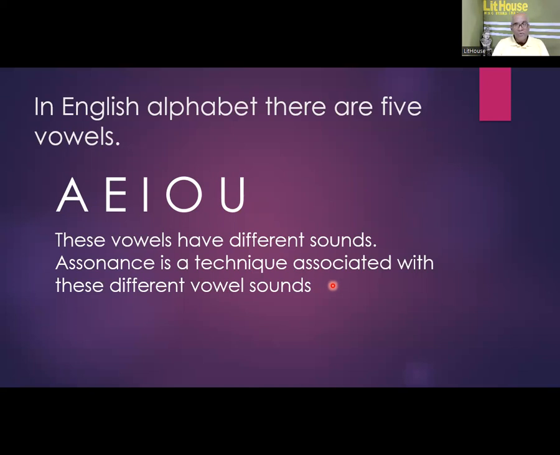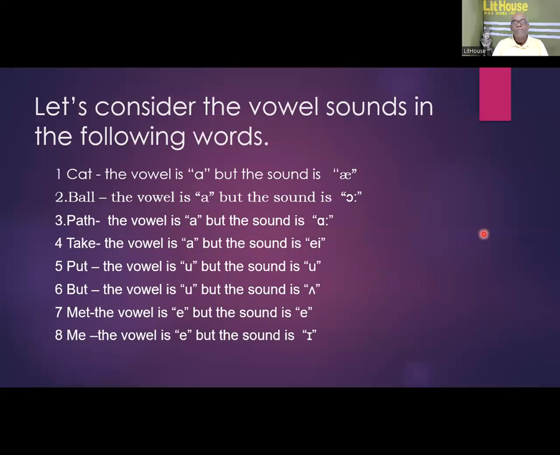Now, you must be familiar with the sounds produced by each of these vowels. When you write a word, when you read a word, you produce these sounds. Now, let's understand this through examples. Look at this first example.